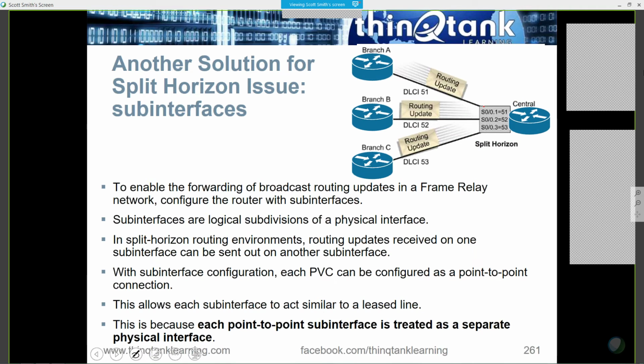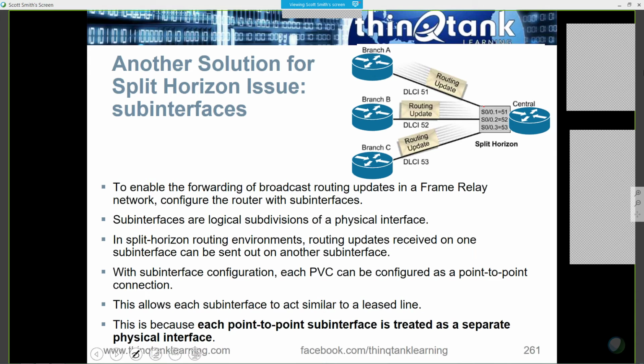We went from multi-point frame relay to point-to-point frame relay. You guys follow me? Each sub-interface is treated as a separate physical interface, even though it's tied to the same physical port.